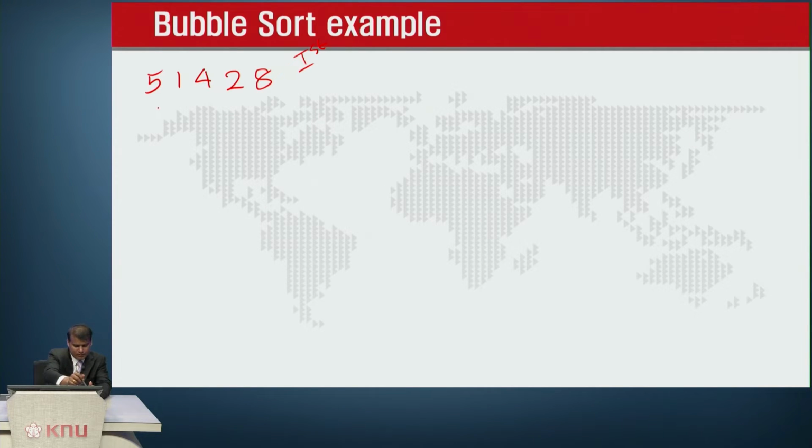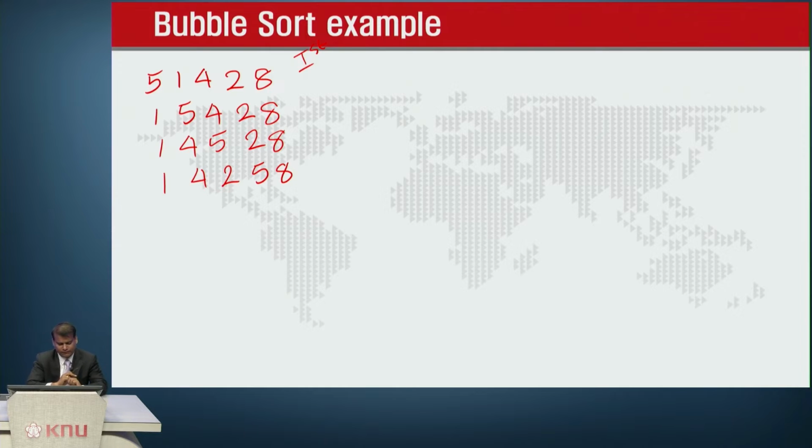So we have 5, 1, 5, 4, 2, 8, then 1, 4, 5, 2, 8, then 1, 4, 2, 5, 8.